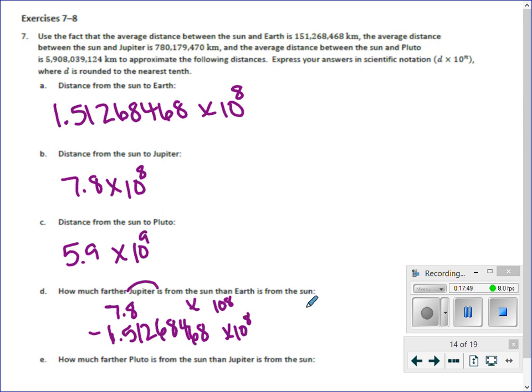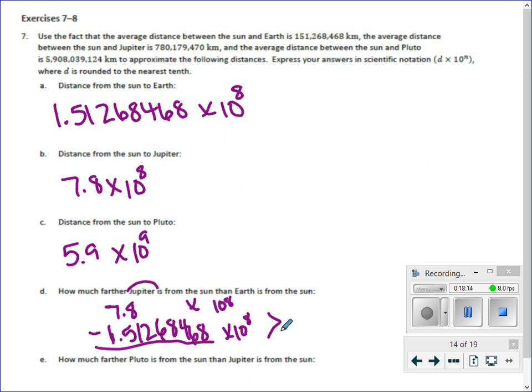Since they're both 10 to the 8, you just subtract these two numbers right here. 7.8 minus that, and you're going to get, sorry, I'm doing it, 7.8 minus 1.51268468.